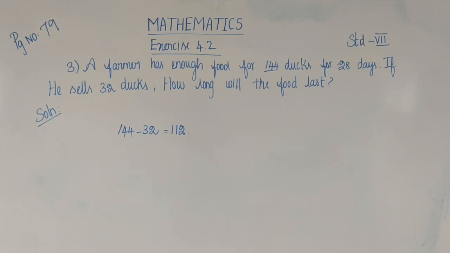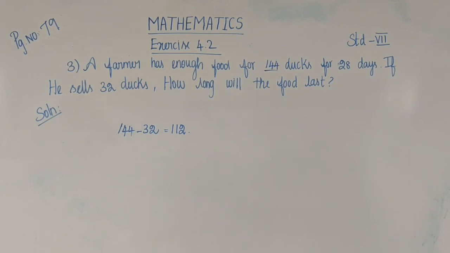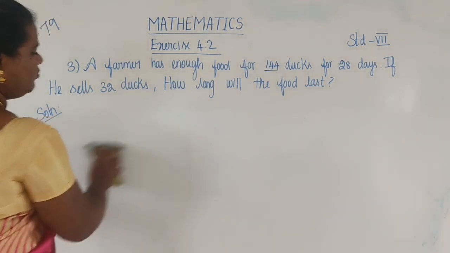The farmer sells 32 ducks, so the balance is 112 ducks. Now we have to find how long the food will last, how many days. Can you understand this problem?